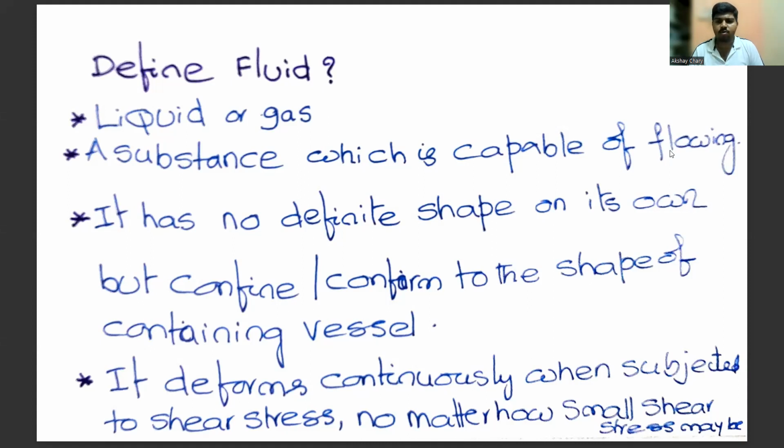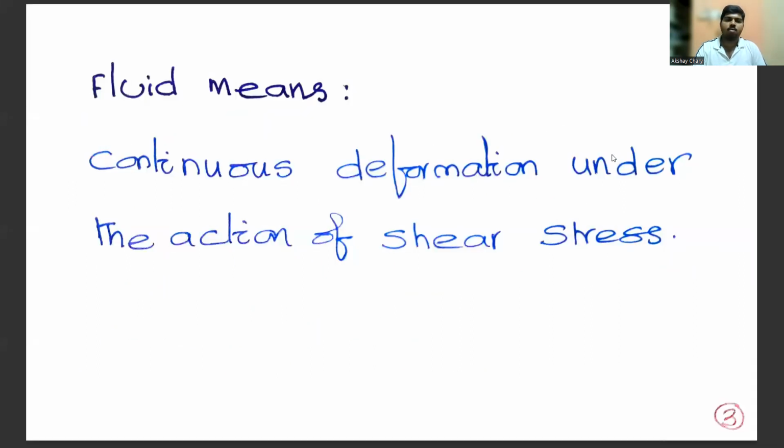As you all know, shear stress is the tangential force acting on the surface of any substance, a liquid or a fluid, right? So, no matter how small the shear stress may be, the fluid deforms its shape, right? So, next, fluid means continuous deformation under the action of shear force. As we have discussed earlier, it deforms continuously under the action of shear stress.